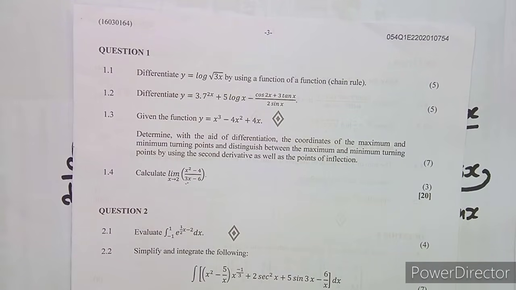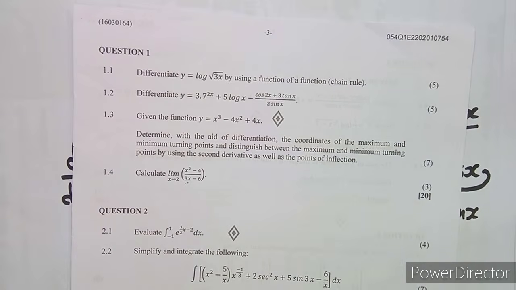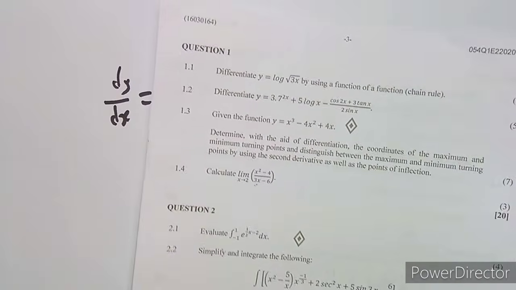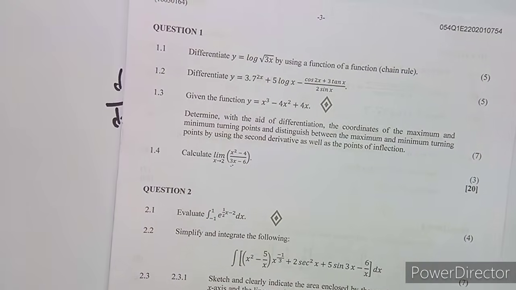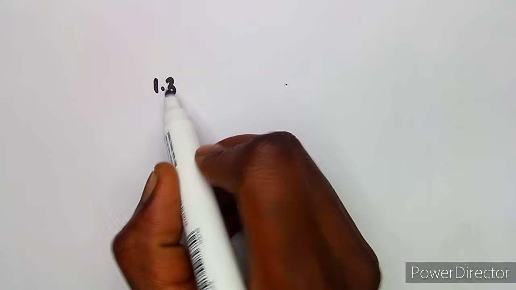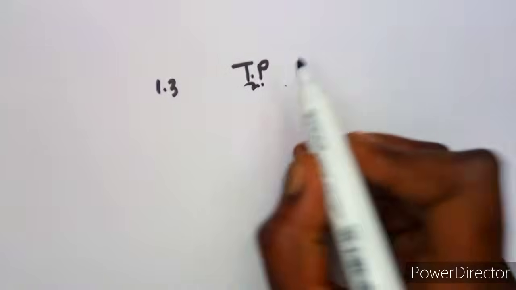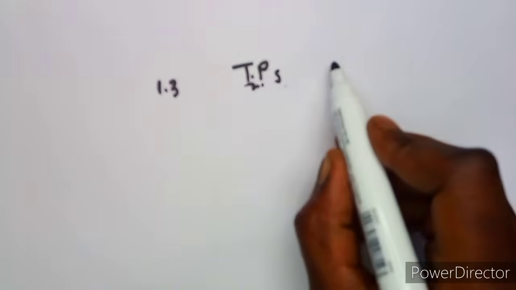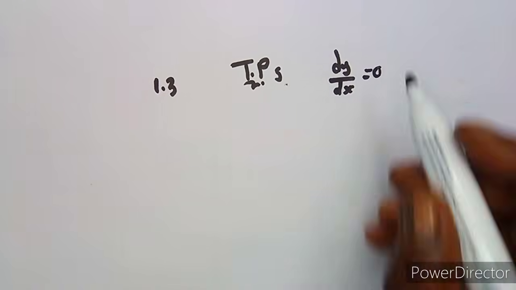All right, so the first question is to just determine the maximum and minimum turning points. Okay, so using the applications of derivatives, we all understand that for you to find the maximum and minimum turning point, it's on a condition that the first derivative should be equal to 0. So that is what we have here. At any turning point that you can talk about, the first derivative, which is dy dx, should be equal to 0.